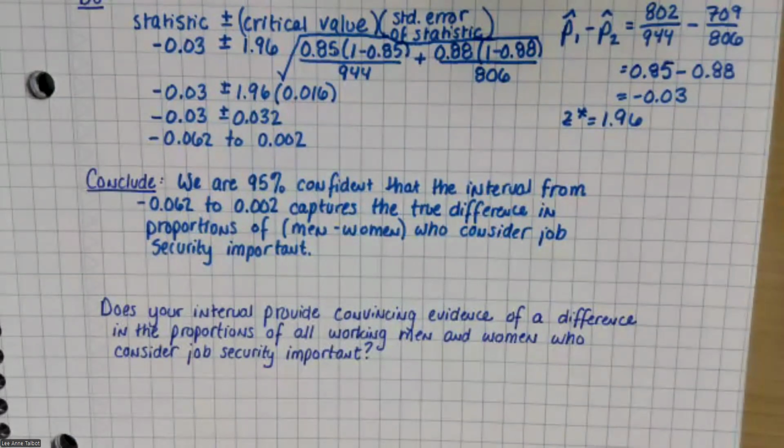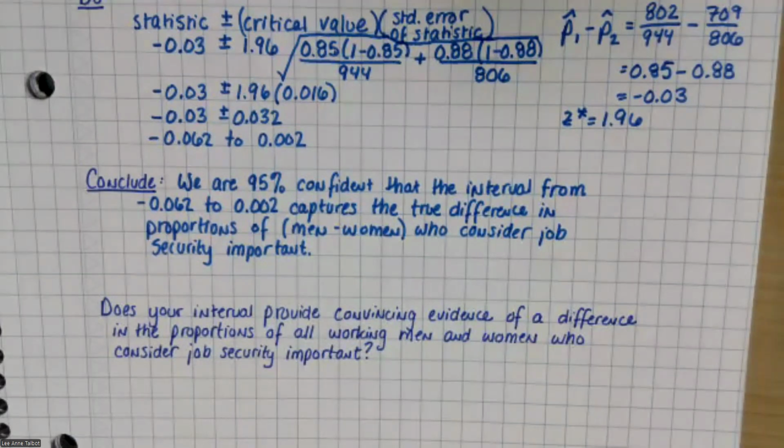Because we did men minus women, the women were more concerned about job security than the men were. However, it goes on both sides. Some of the values are negative, some are positive. So sometimes the women cared more, most of the time, but there's a little bit where the men cared more.